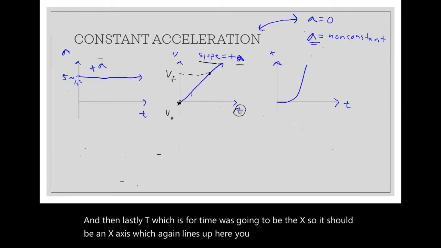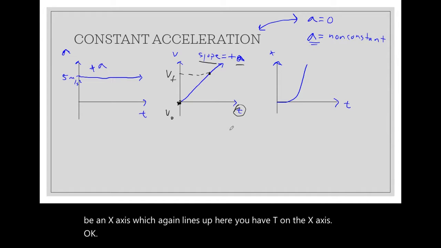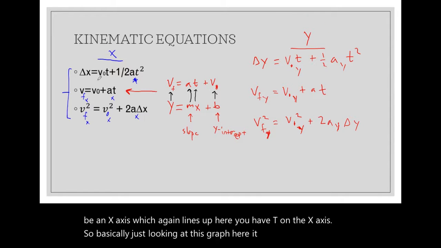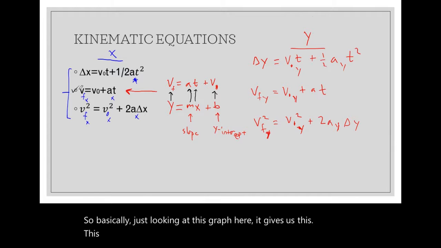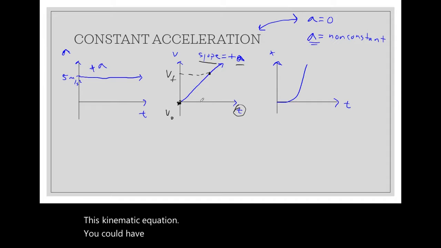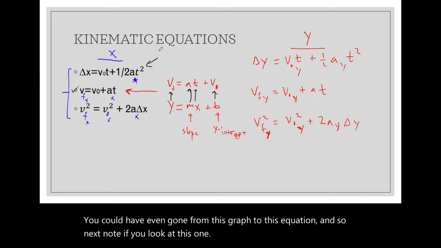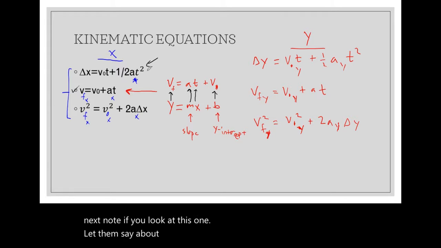So just looking at this graph gives us this kinematic equation, and you could even have gone from this graph to this equation. Next, look at this one. That's the last thing I'm going to say about it.